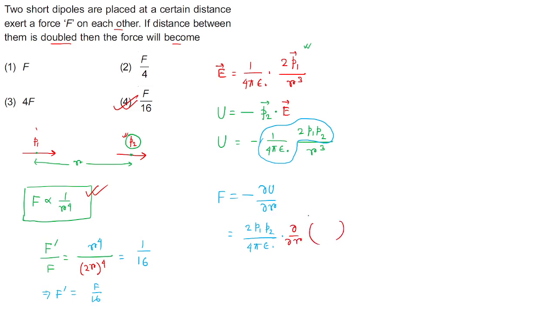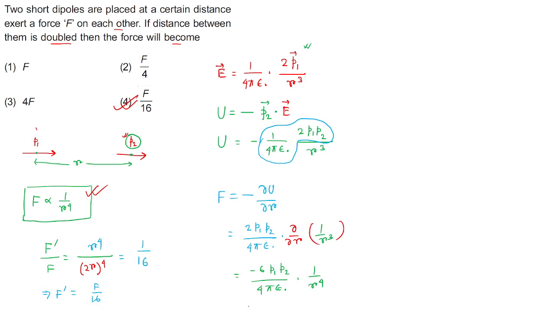Del R of 1 by R cube. What is the value of this derivative? It is minus 3 multiplied with this, so we have minus 6 P1 P2 by 4 pi epsilon naught, and 1 by R cube becomes 1 by R to the power 4.